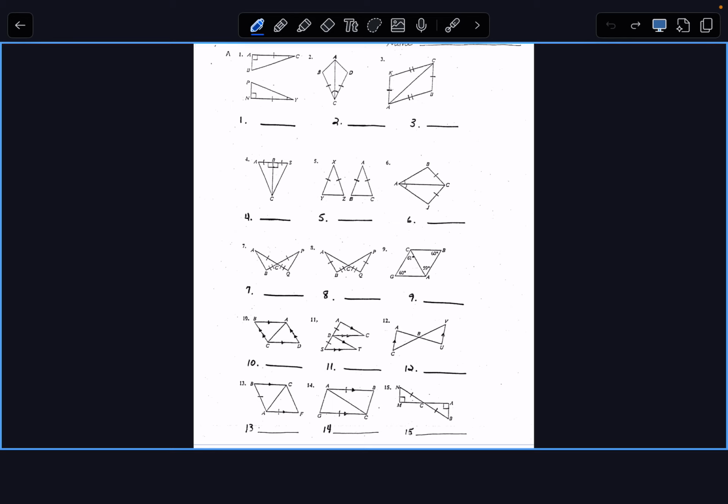Well, hear me out now on this one. This one is side, angle, side.